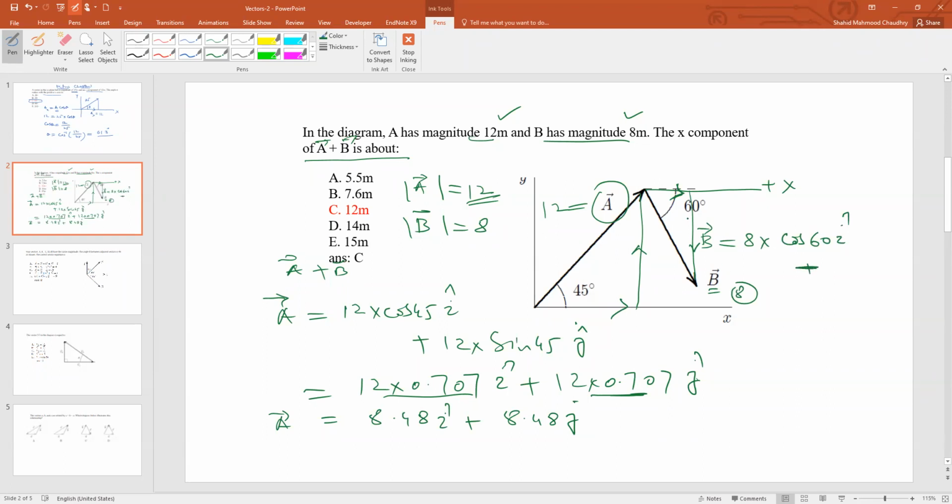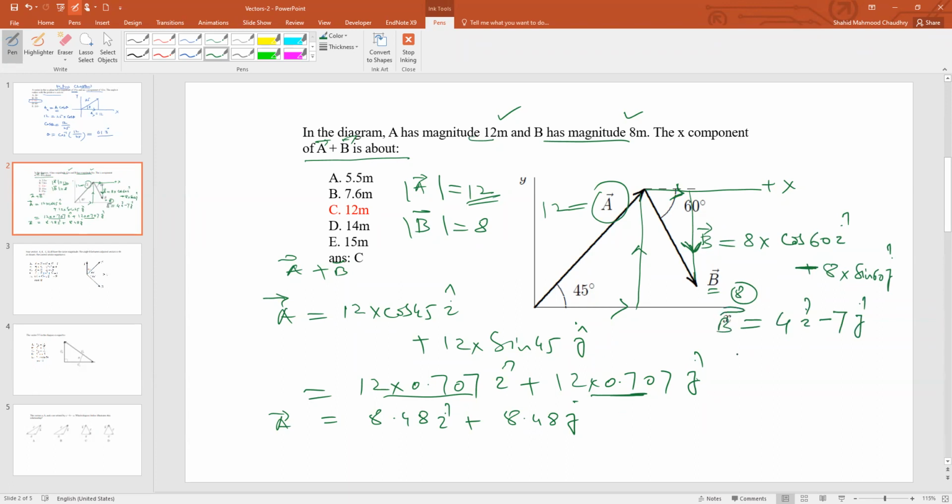Here you will put minus because its direction is downward. Minus 8 into sine of 60 into j unit vector. So when you solve this one, the answer is around 4i minus 7j. This is the answer of B vector.